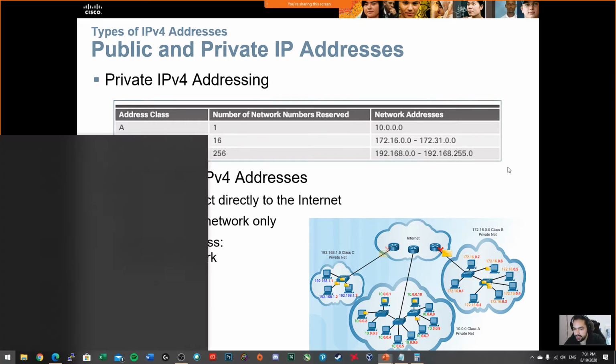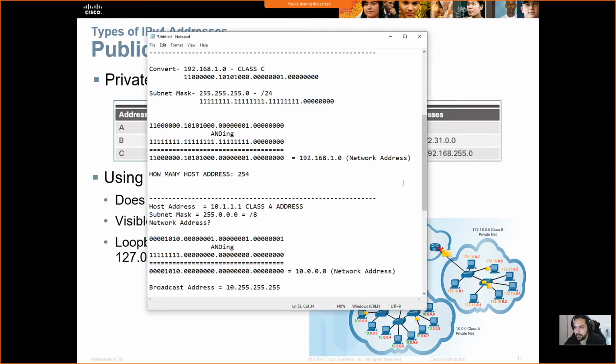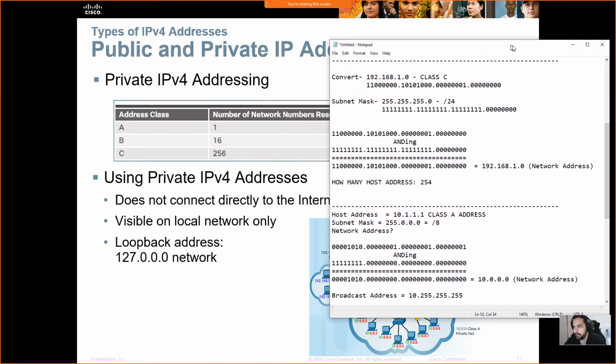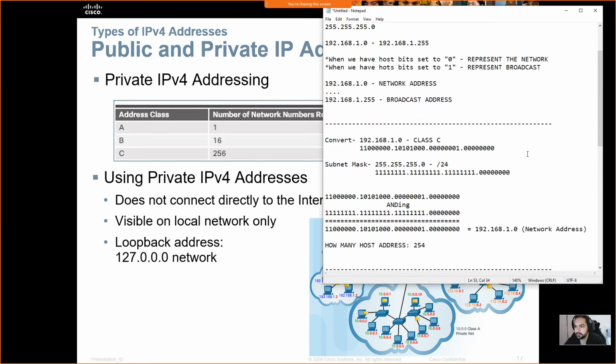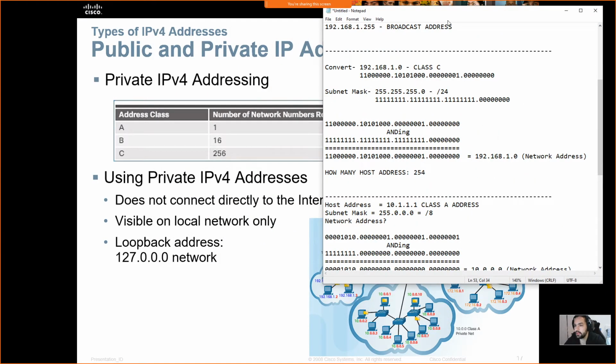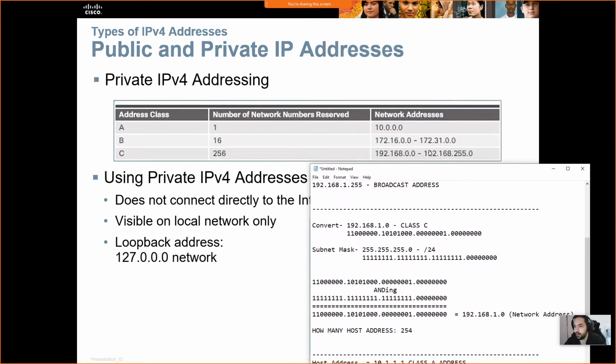Now, the addresses that I've given you guys tonight, are these addresses private or public? Private. They are all private addresses because they are all in here. So I've given you the 10, I've given you the 172.31, and I've given you the 192.168.